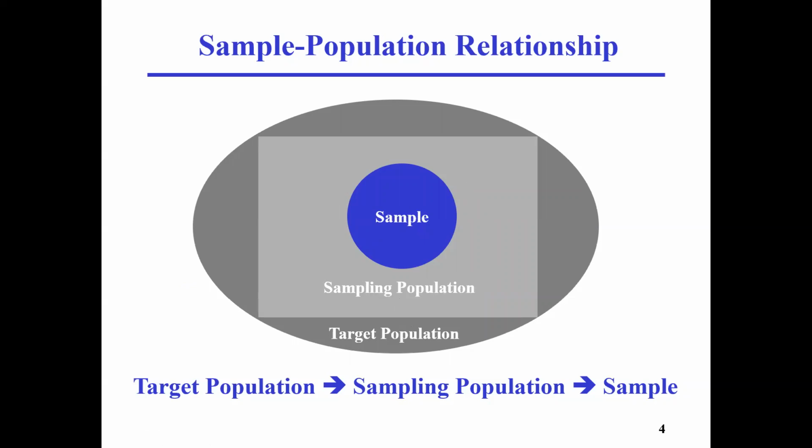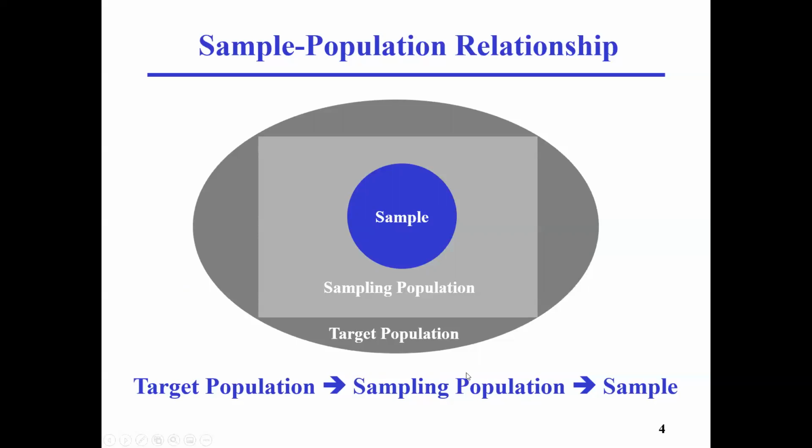How to do that? This is where your sampling methods step in. Okay, you use simple random method, or you use other methods to usually randomly choose some observations from a sampling population and carry out the research.